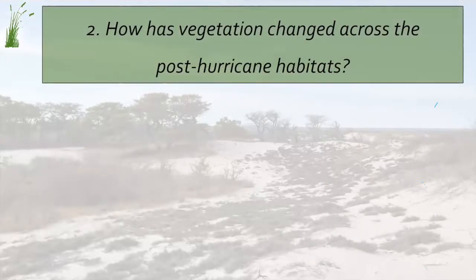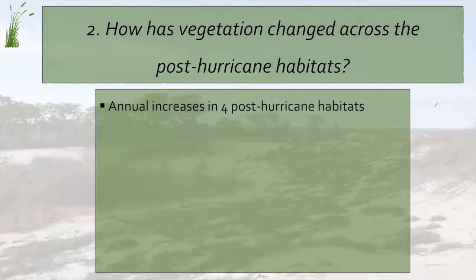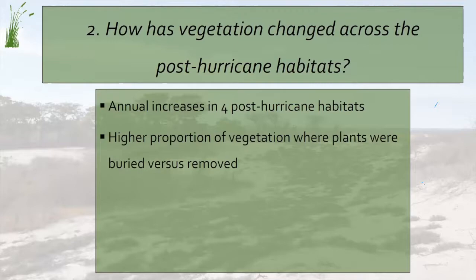Okay, so to come back to that question, how has vegetation changed across those 4 post-hurricane habitat types? Well, we saw that there were annual increases across all of the sites, which we would expect. There's a higher proportion of vegetation in those sites where plants were buried versus actually being mechanically or hurricanically removed.